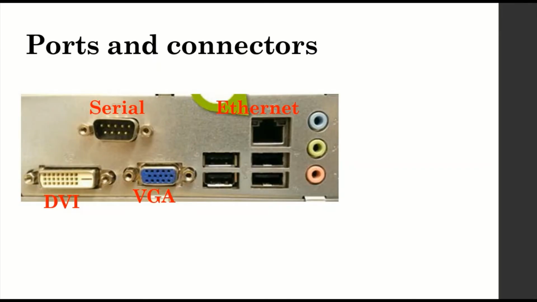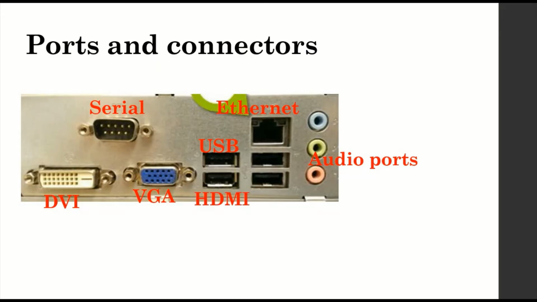The next port is the one where you connect the network cable. It is called the Ethernet port. You can also see the audio ports, where you will be putting different cables to get the audio in or out of your computer. These are the USB ports, where you connect your USB devices, like a mouse, a keyboard, or a USB cable that charges your smartphone and so on.